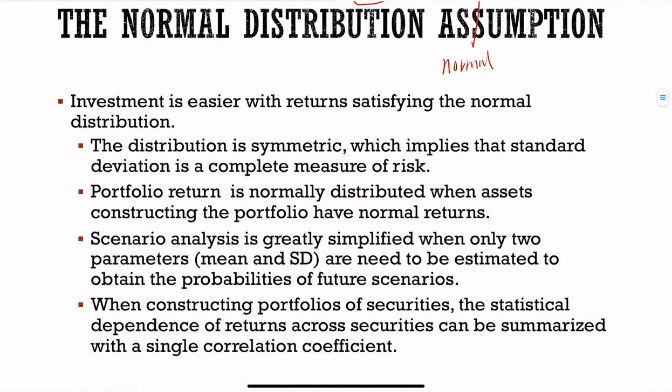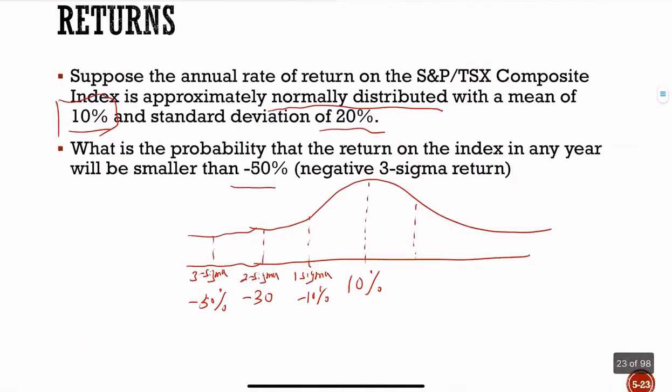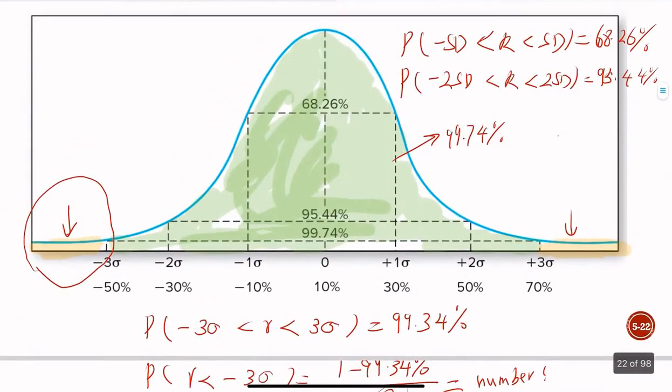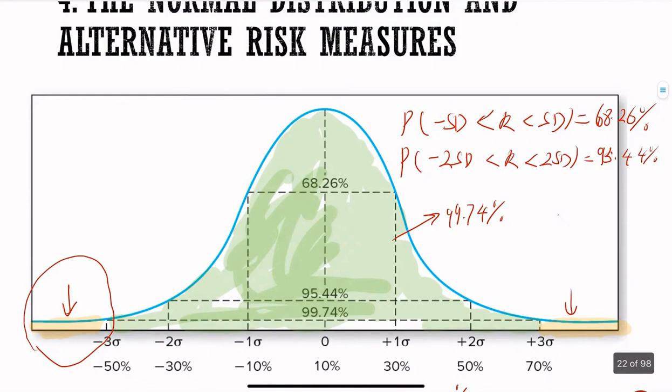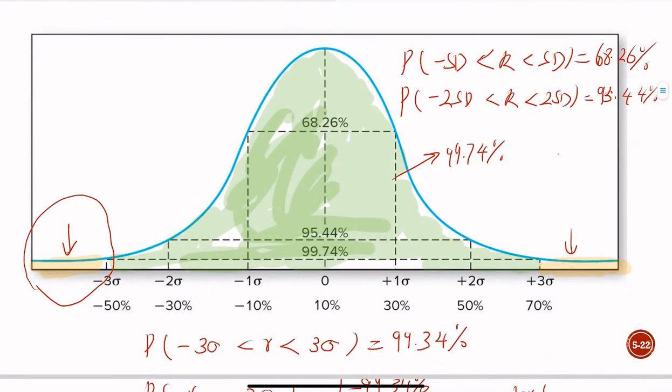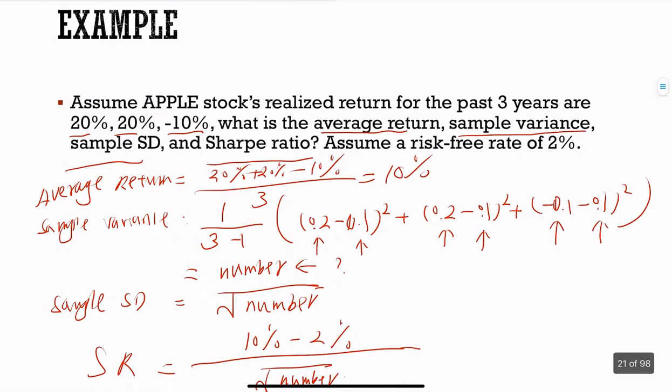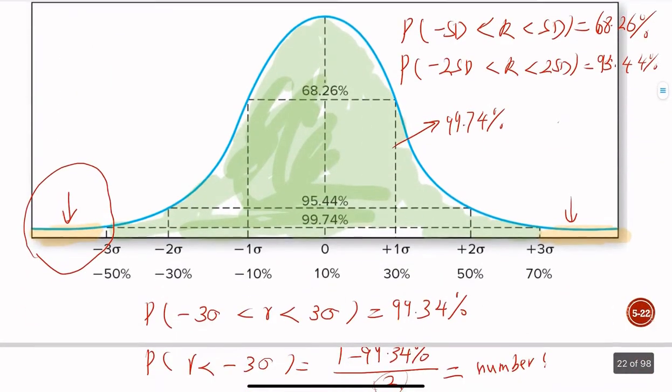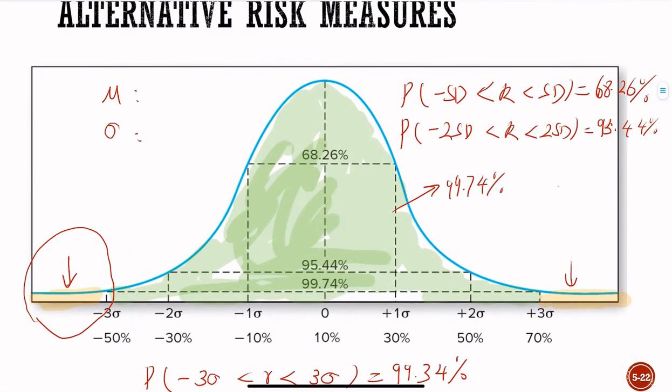Now the third reason is scenario analysis is much simpler. The reason is because if we want to define normal distribution, we only need two parameters, right? We only need mu and sigma. That is, to define normal distribution, we only need mean and standard deviation.